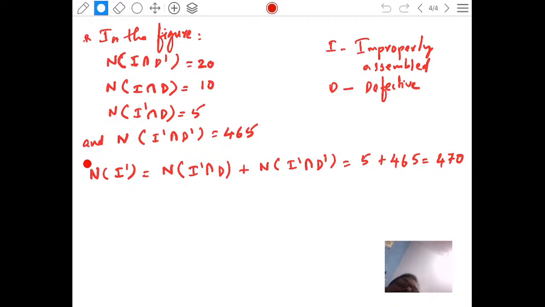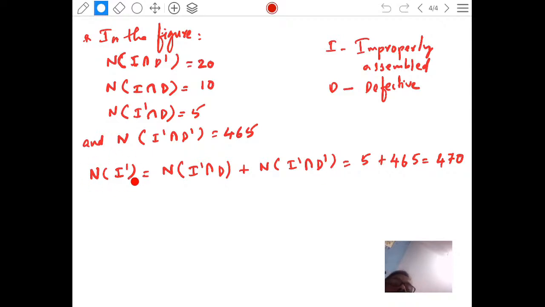So the number of machine parts which are properly assembled is equal to the number which are both properly assembled and defective, plus the number which are properly assembled and not defective, because D stands for defective, so D complement stands for not defective.